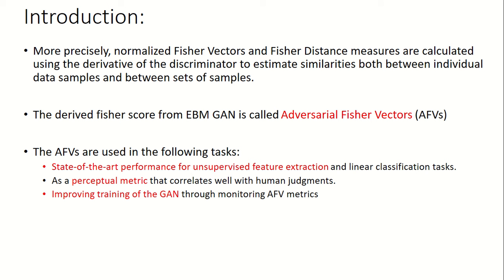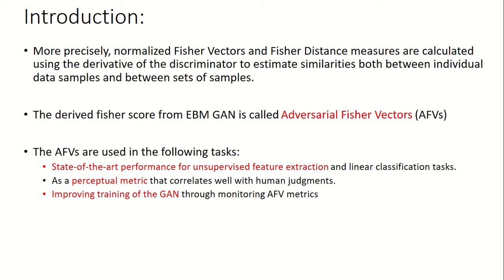But we are thinking about a model that can get an image and give you a vector. So that's why we need an architecture like the discriminator to be a generative model or to model data distribution. So that's why the energy-based model GAN is interesting.